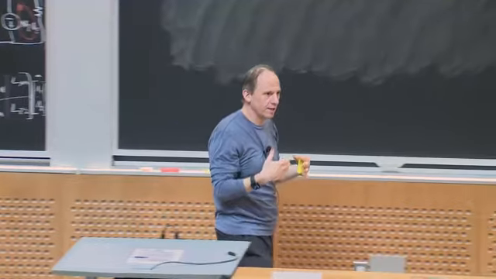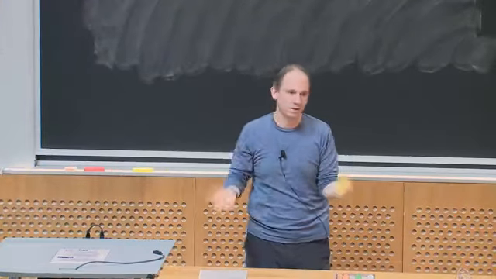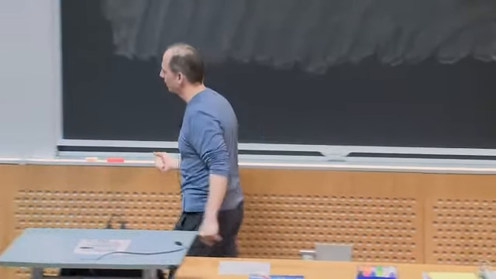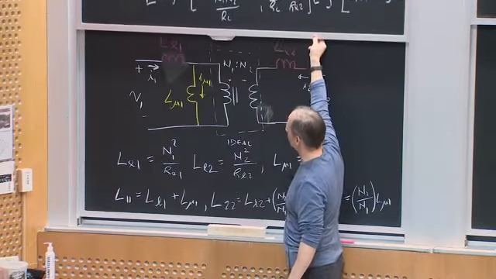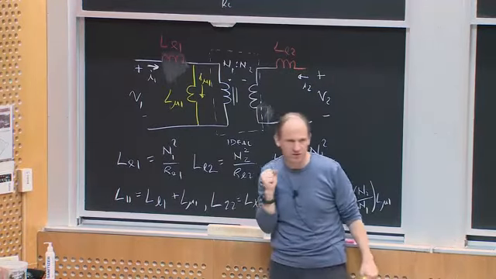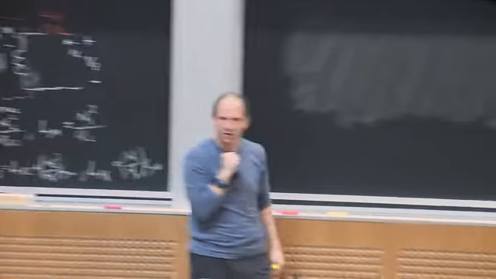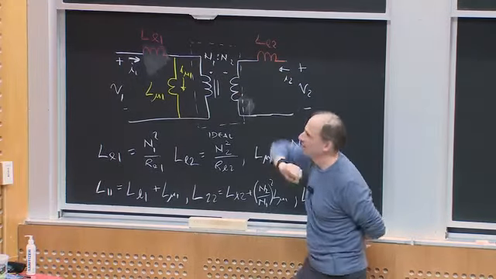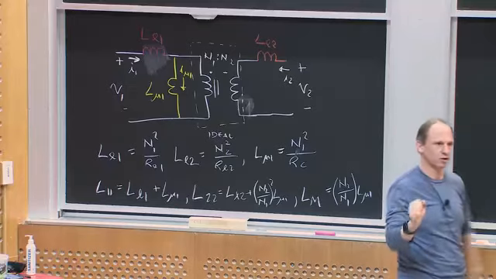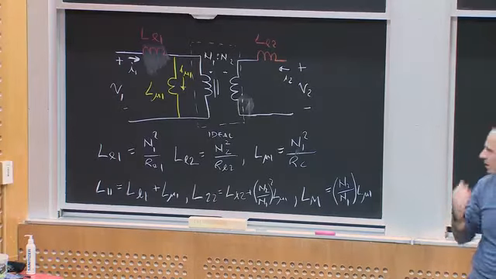And I made the argument in class that we can make a circuit model for this, okay? So here is the circuit model. This is what we would consider a physically based circuit model for the system. And what did we say? We said, okay, well, firstly, let's ignore the external leakage fluxes that are going outside of the core, okay?